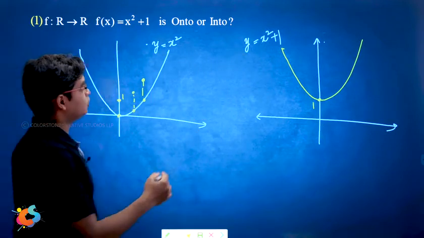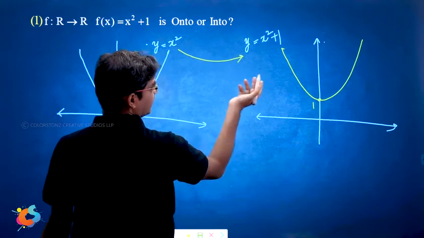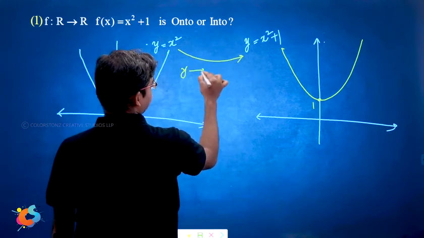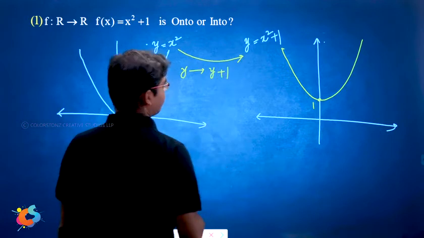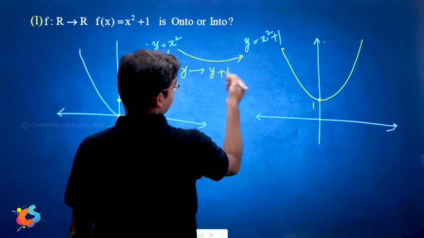Okay. So this is a general shift, means you can learn it now. If y is becoming y plus 1, means the output values are increased by some constant.